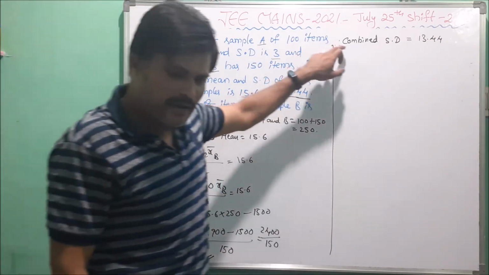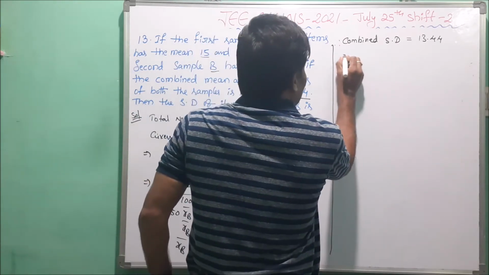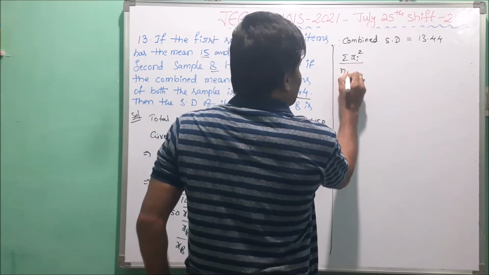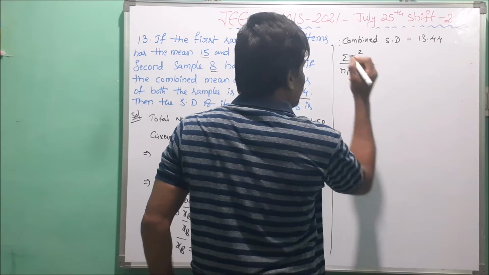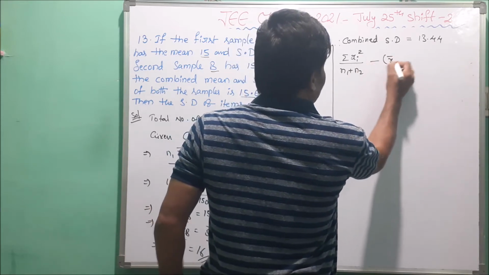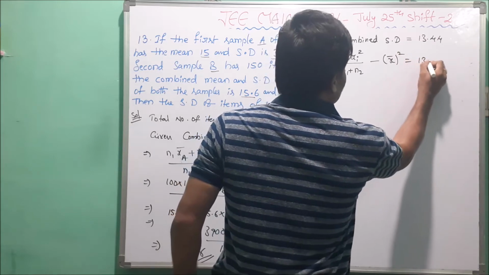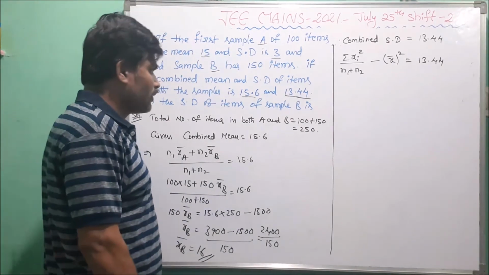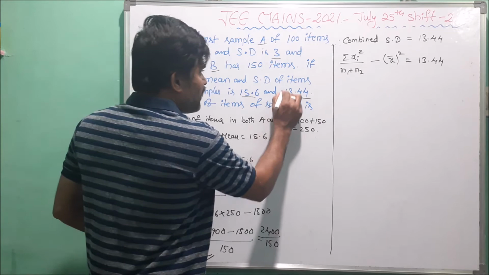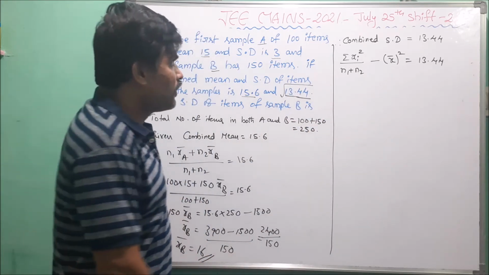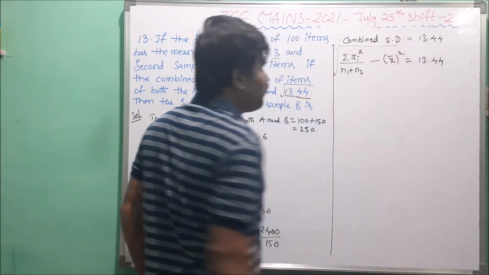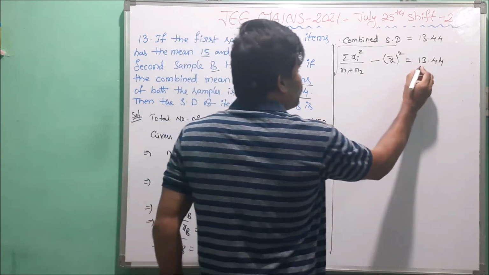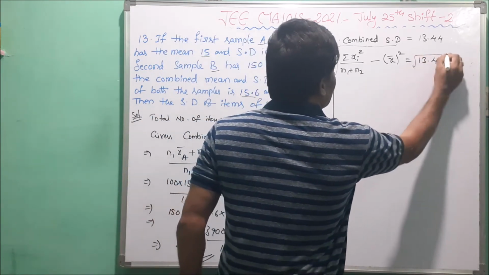The formula is summation xi square whole by n1 plus n2 minus x bar square, that equals 13.44. Here the standard deviation is the square root, so we take the square root of summation xi square by n1 plus n2 minus x bar square equals the square root of 13.44.